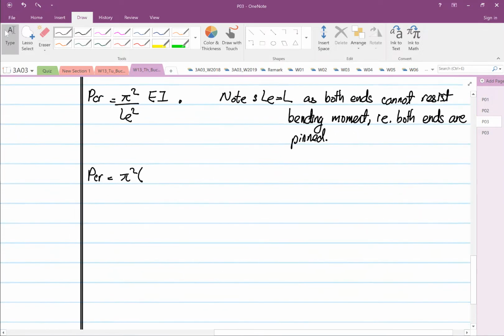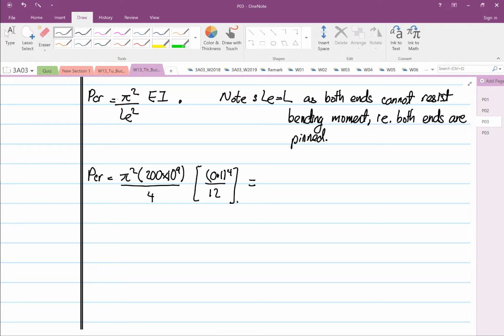I do apologize. 200 times 10 to the power 9, divided by LE squared, where the length is 4 meters, and then the second moment of area, which is BD cubed over 12, and since the breadth and depth are the same, it is 0.1 to the power 4 over 12. So pi squared times 200 times 10 to the power 9 divided by 16, times 0.1 to the power 4 divided by 12.